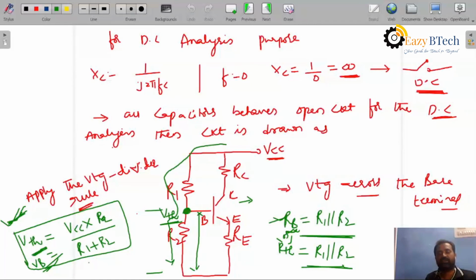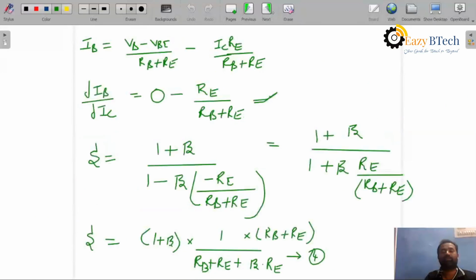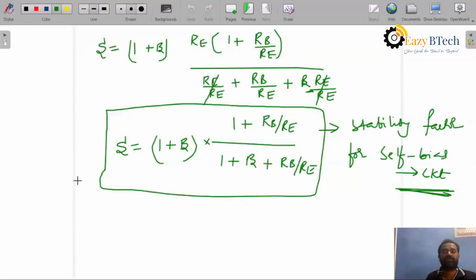We may write it like this, and using the voltage divider rule we can find the voltage across the base terminal, the applied voltage across the resistor by the total resistance, and you will get the stability factor. Okay students, now we will discuss a small example.